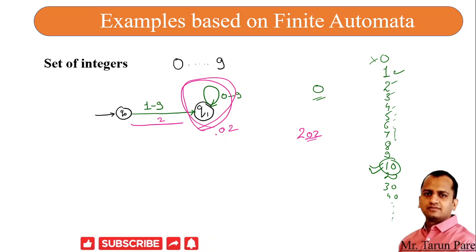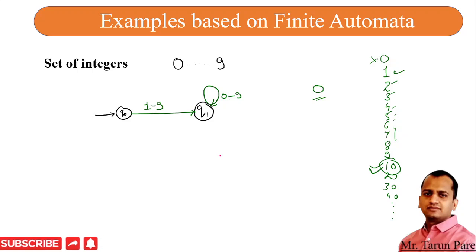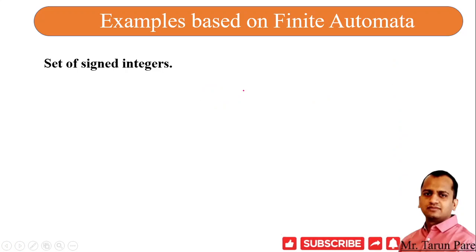Now this is the automata from where you can accept any kind of integer. Okay, is this clear? Fine. If you have any doubt, you can put it in the comments. I will try to resolve it.